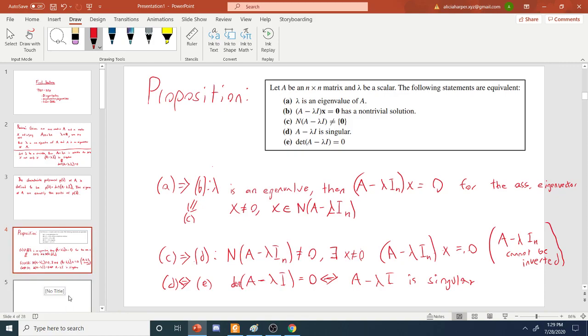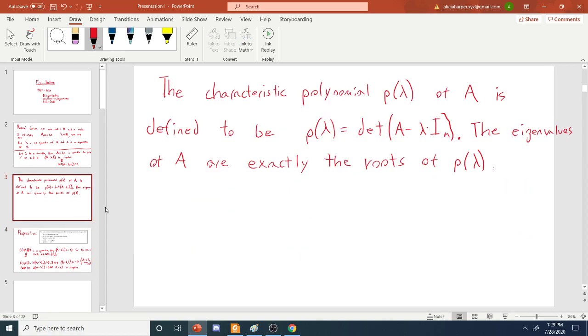So let's recall the process then. We know how to find eigenvalues. We write down the characteristic polynomial and we find the roots.